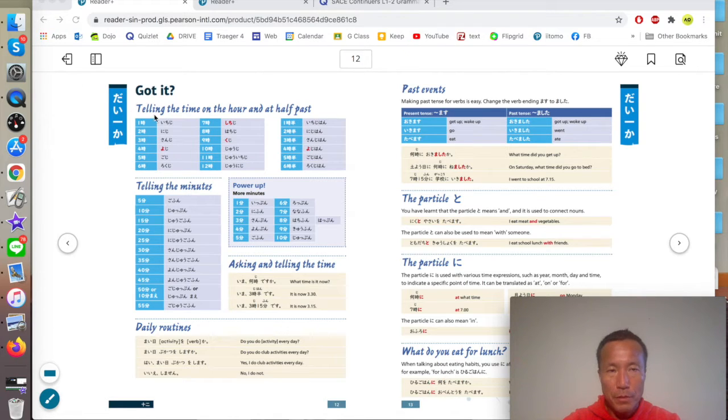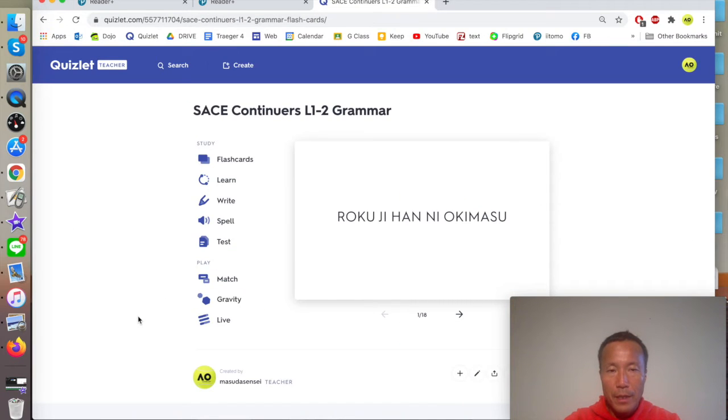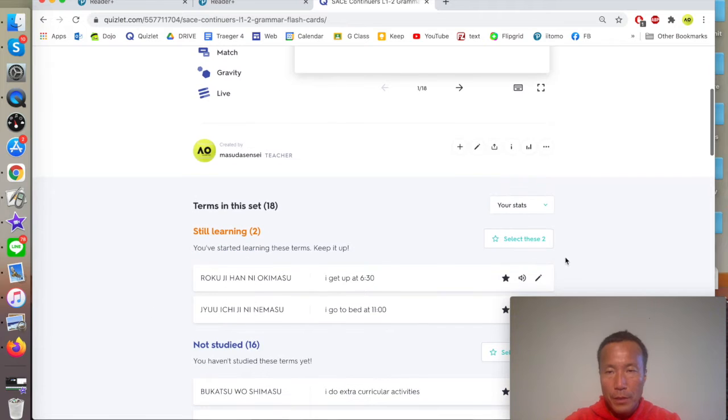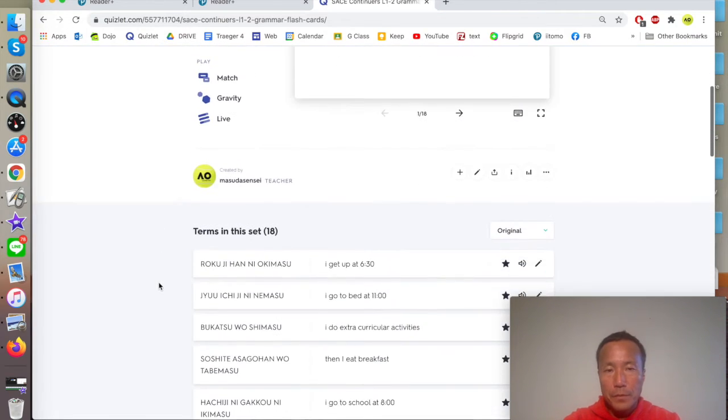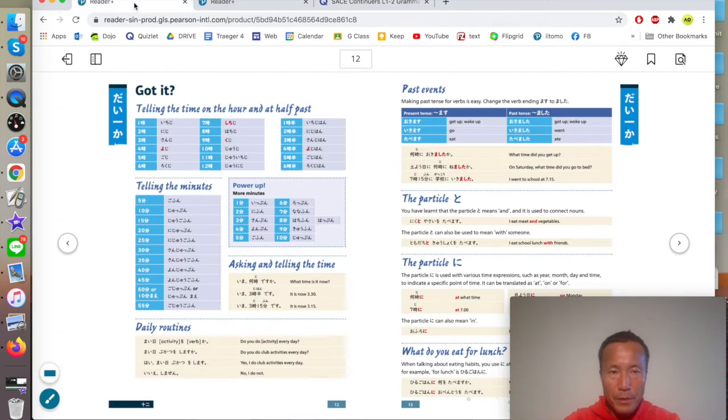For the grammar concept, it's called the Got It in the Itomo series. You will see that on those yellow ones that are under those big blue titles, which is the grammar idea. I will explain that to you first. And then the sentences that I have put on the Quizlet also come from a textbook, but not from this Got It.